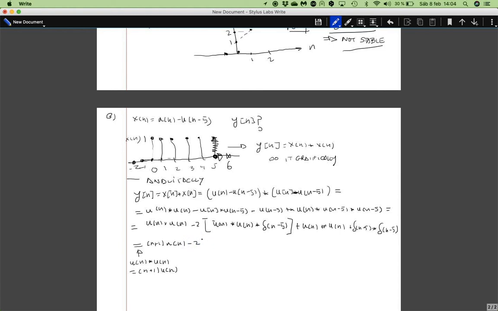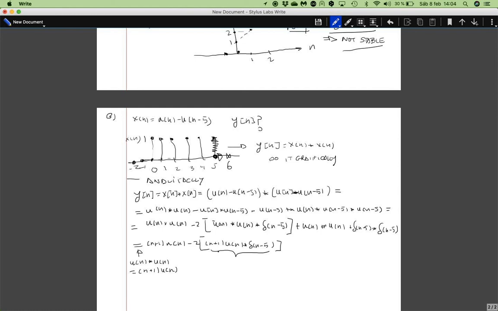minus 2 times, and again we have another u[n] convolved with u[n], so we also put (n plus 1) u[n] convolved with delta[n minus 5]. And this we can also operate, so we have again a function that is convolved with a delta delayed 5 units.